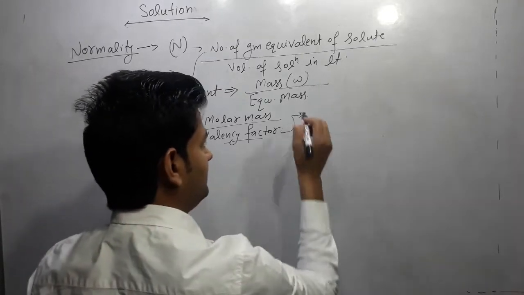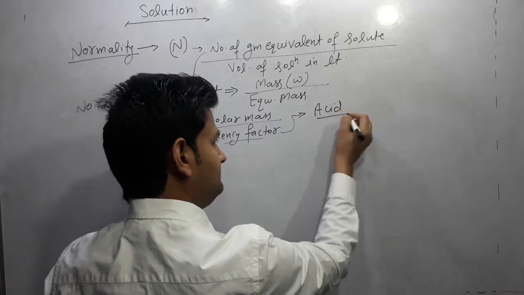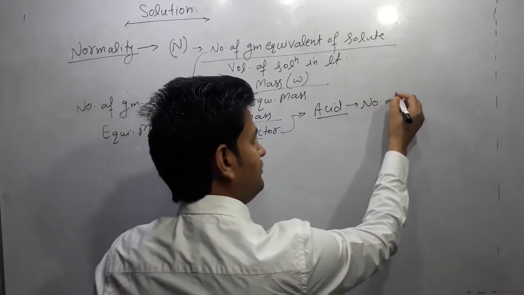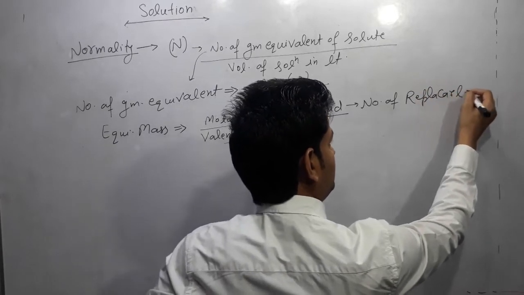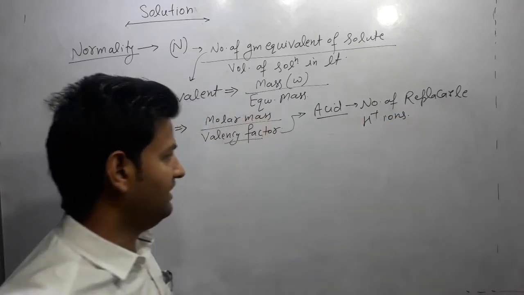Valency factor can be calculated in the case of an acid. What is the valency factor? The valency factor is the number of replaceable H plus ions present in the acid.